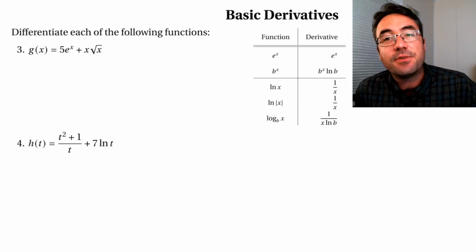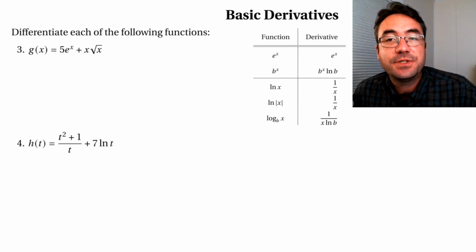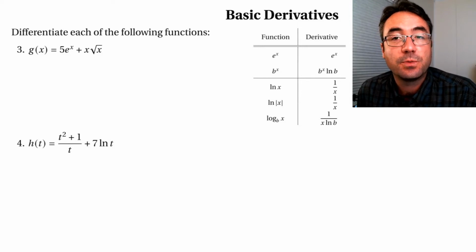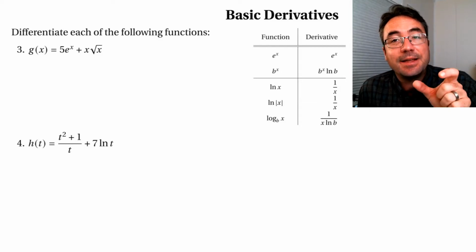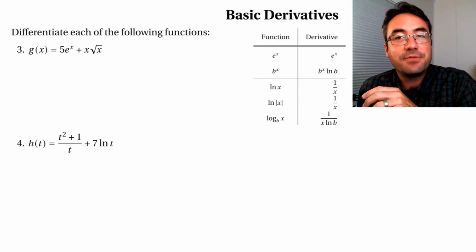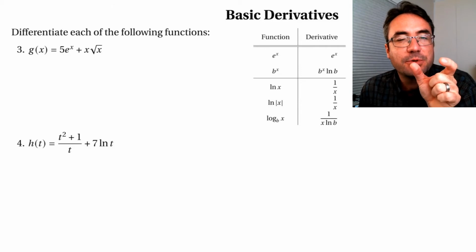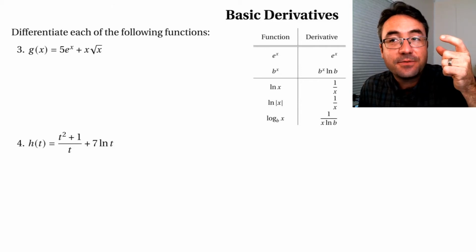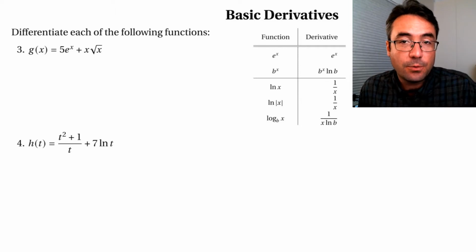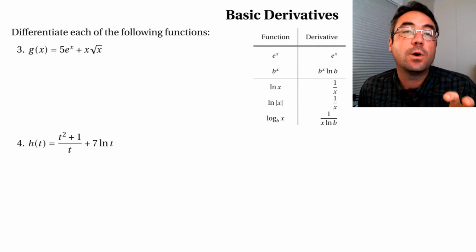And then in the second function, we have h of t equal to t squared plus 1 over t, plus 7 times natural log. The 7 natural log, that's going to be fine. It's that first term that's going to present us a little bit of an issue, because it's a fraction, a quotient, and we haven't seen yet how to handle quotients.